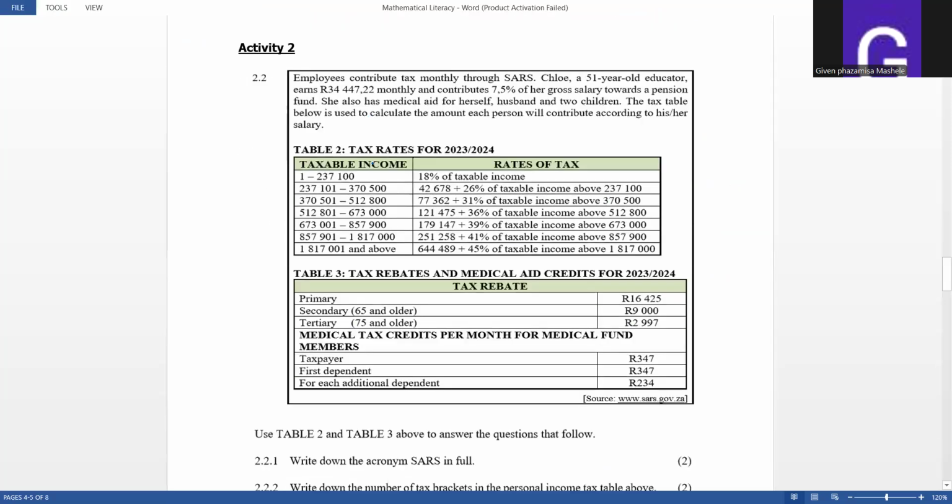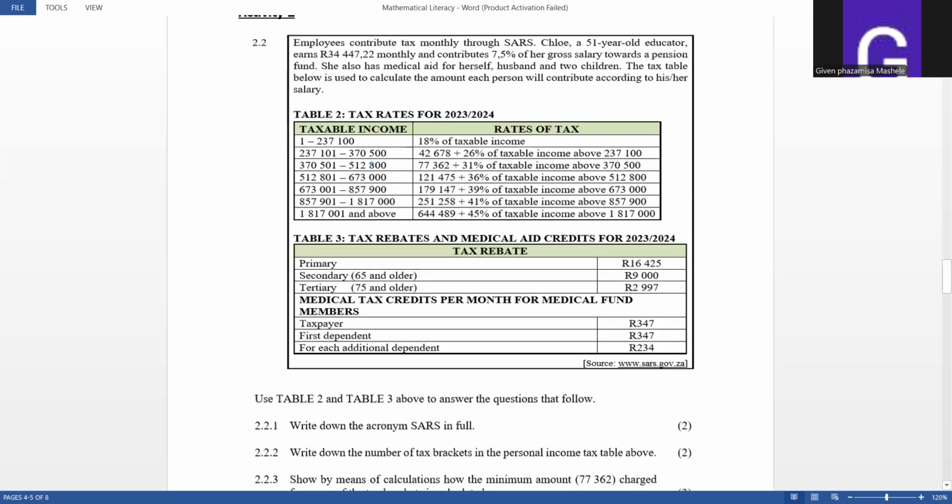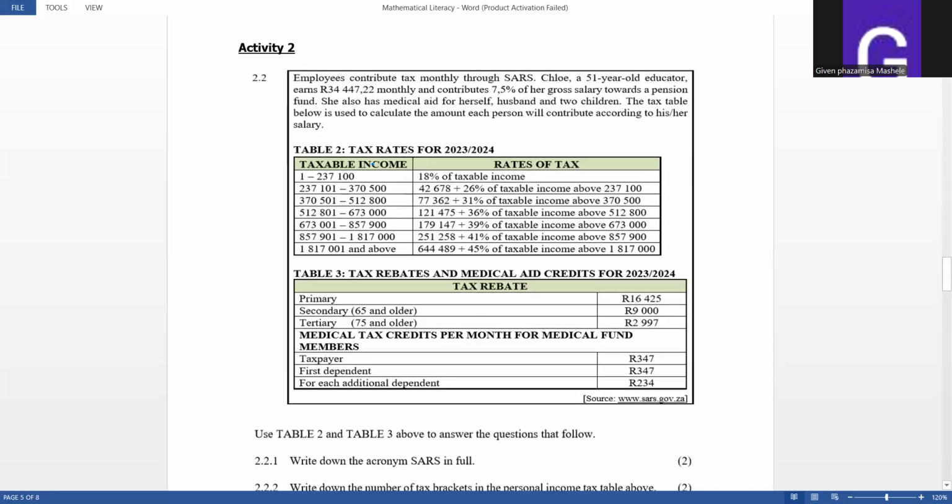Here we have an example. It says an employee contributes tax monthly through SARS.